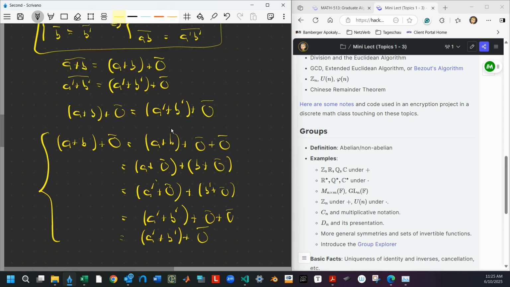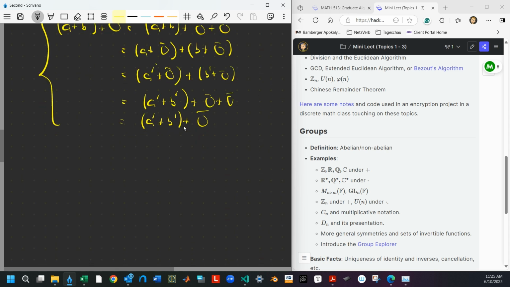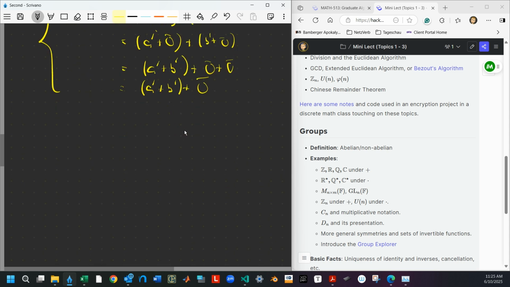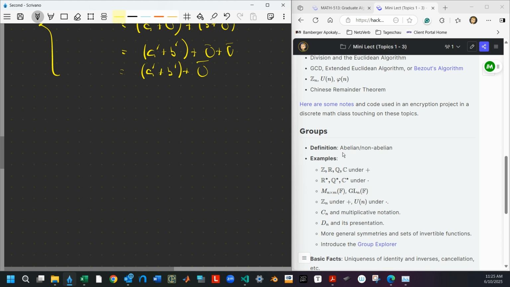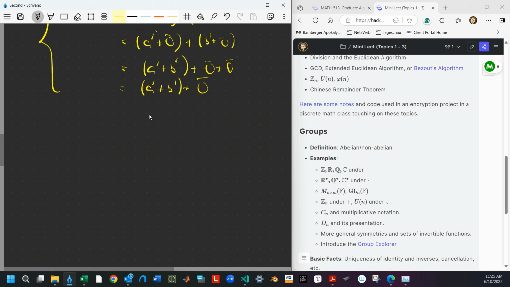So I'll just leave the nitty-gritty details up to you. Maybe it's worth working through, at least convincing yourself of one of these directions. But the point here is, let's say we look at Z5. So let's just pick an example, Z5. So this is 0, 1, 2, 3, 4.